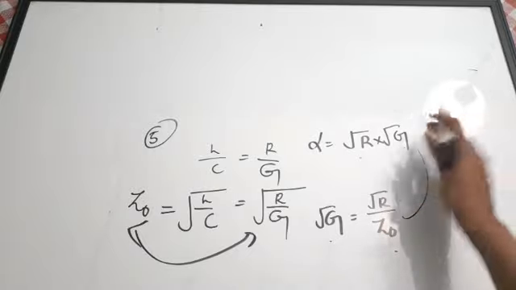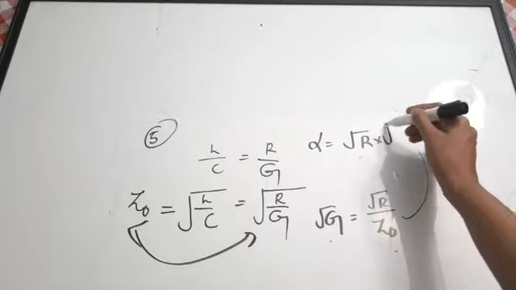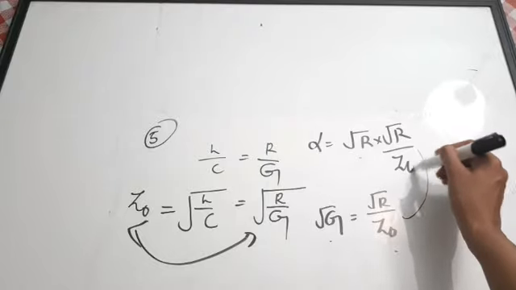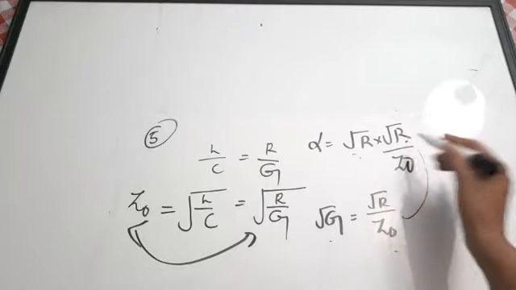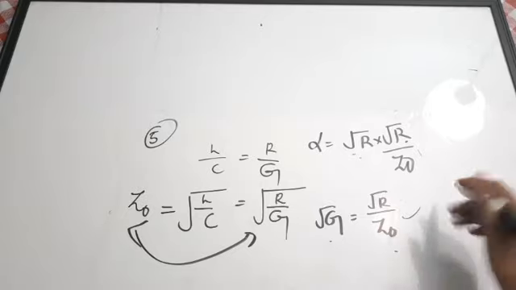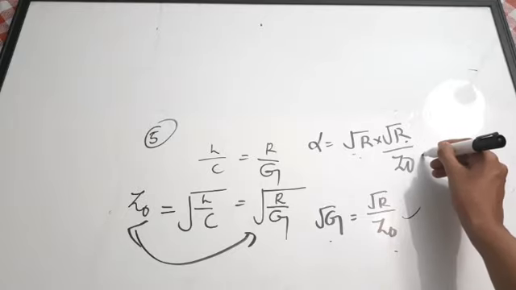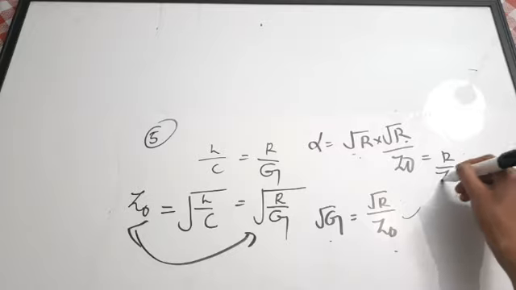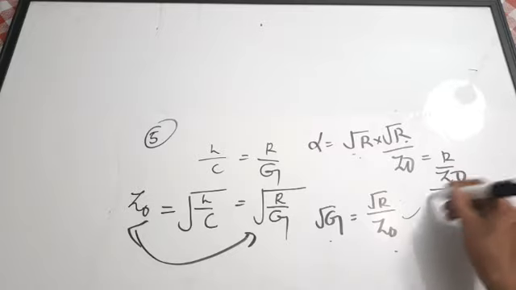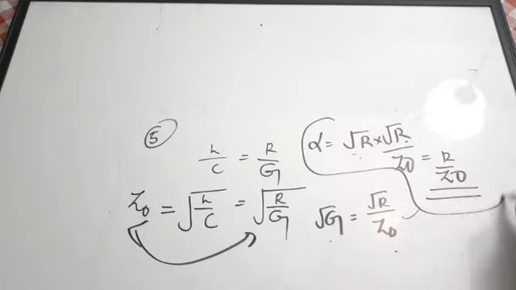So put it here into square root of R by Z0. So square root of R into square root of R is R, right? So you can write it equal to R by Z0. This is the relation which we are getting.